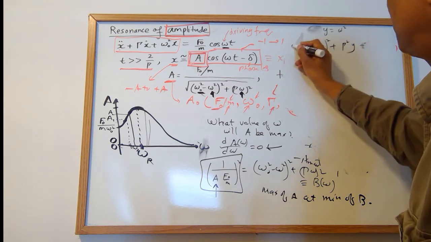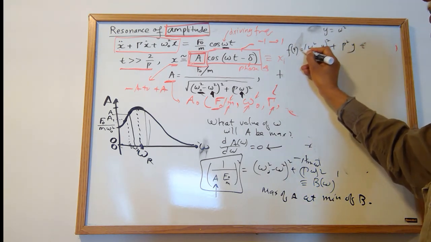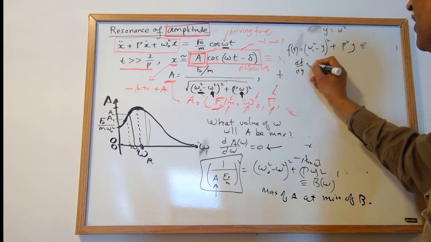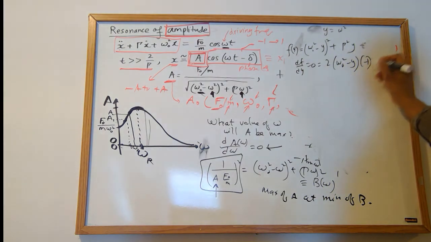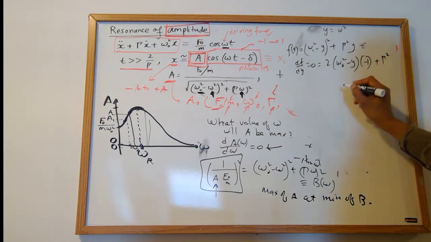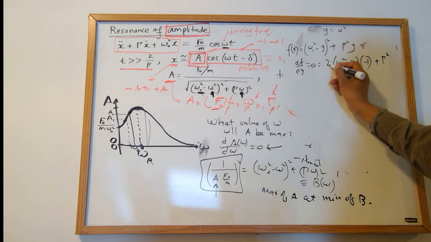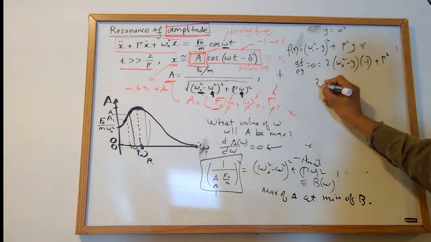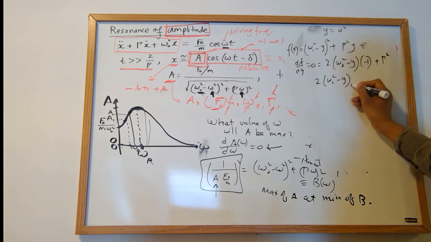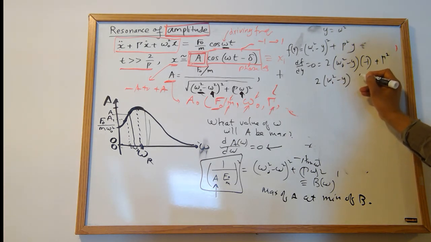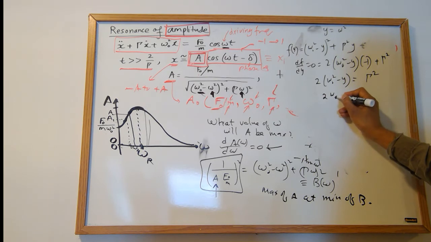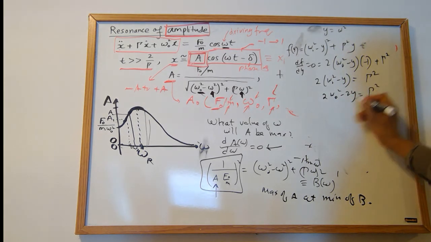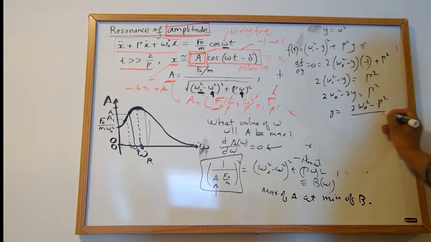This is a function of y, and I want to know what y will be minimum. df over dy equal to 0 gives me 2 times omega naught square minus y times minus 1, plus gamma square. So I bring it out here, on the other side, 2 times omega naught square minus y equals gamma square. So 2 omega naught square minus 2y equals gamma square. So y equals 2 omega naught square minus gamma square, over 2.